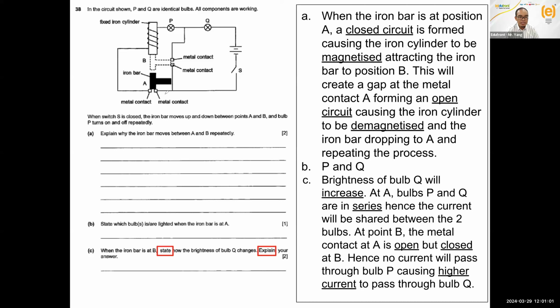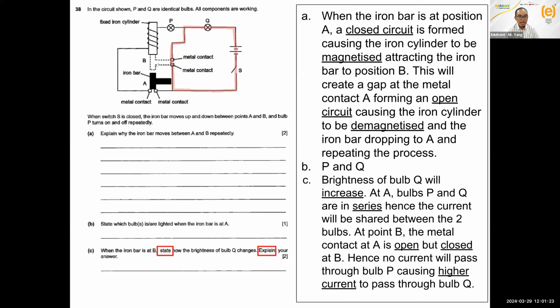So when the iron bar is at point B, now let me put it at point B here. Now this becomes a closed circuit. So where is the flow of electricity? The electricity will flow this way. You agree, right?